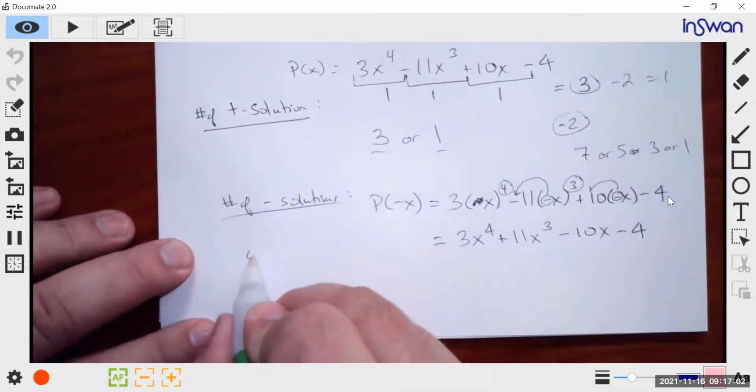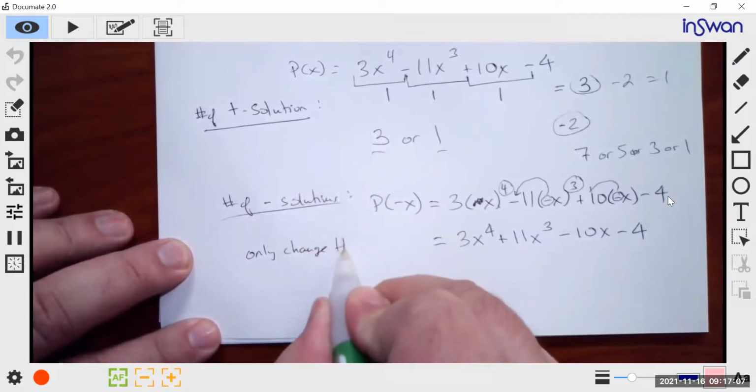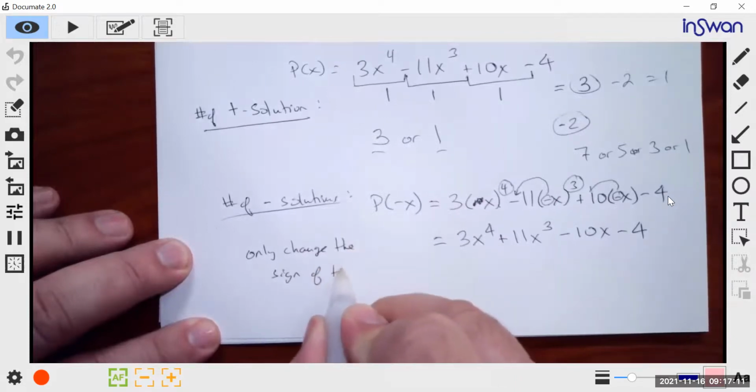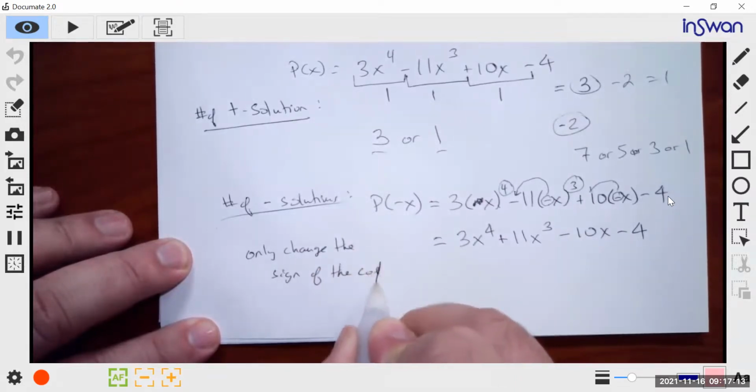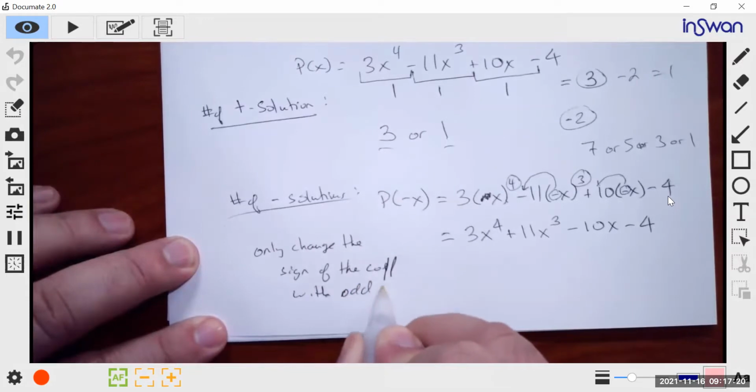Whereas here, only change the sign of the coefficient with odd exponent.